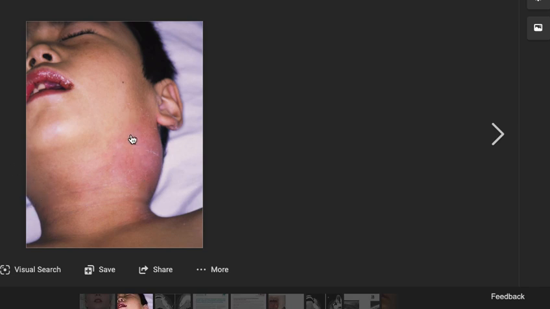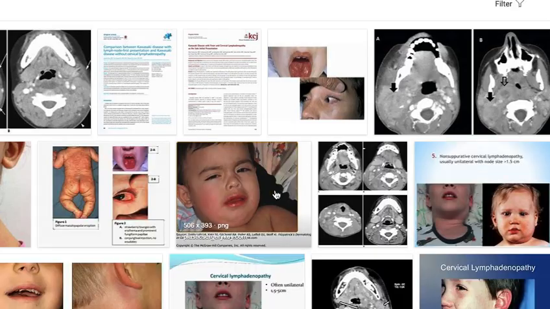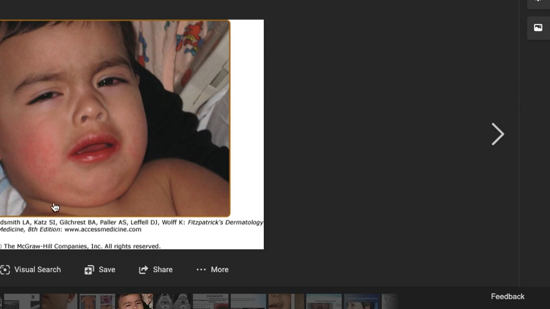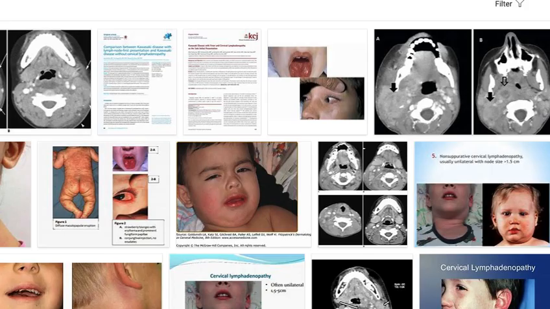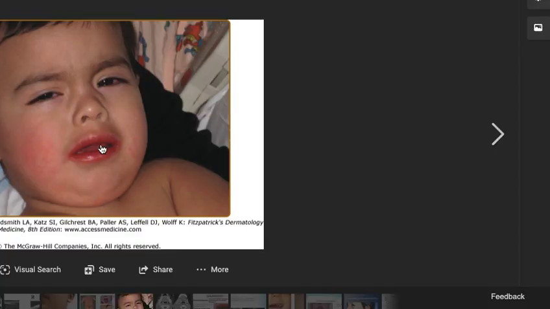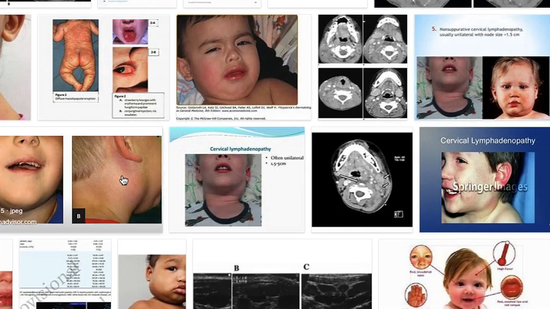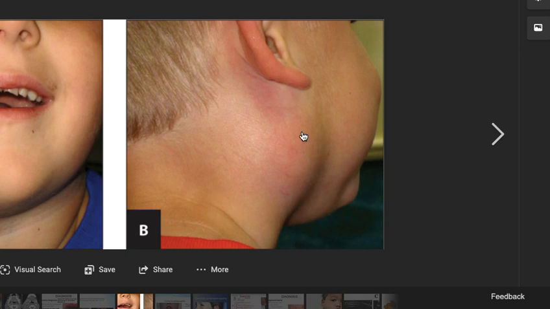So the unilateral lymph node is enlarged, and the diameter of this lymph node will be more than 1.5 centimeter. Quite big, you can say, right? Okay, here it is not seen, but you can see inflamed conjunctivitis. Unilateral cervical lymphadenopathy greater than 1.5 centimeter.